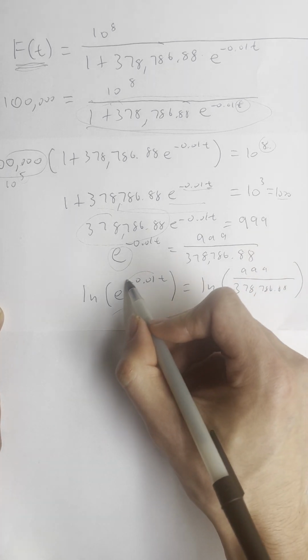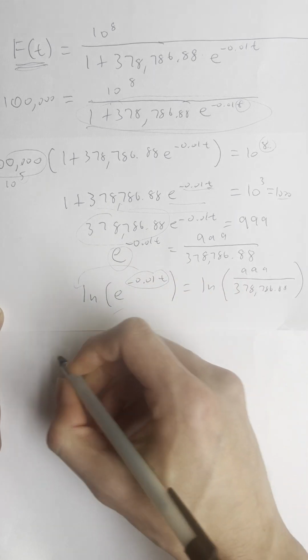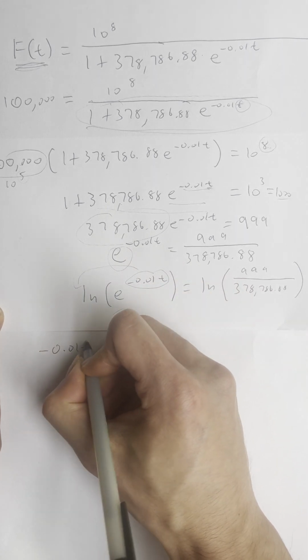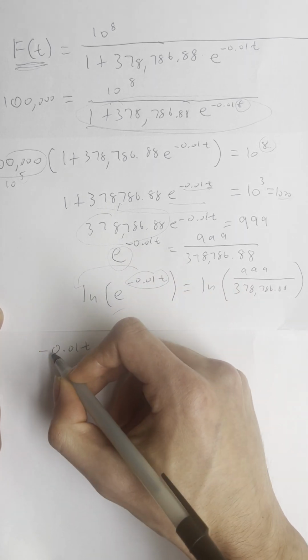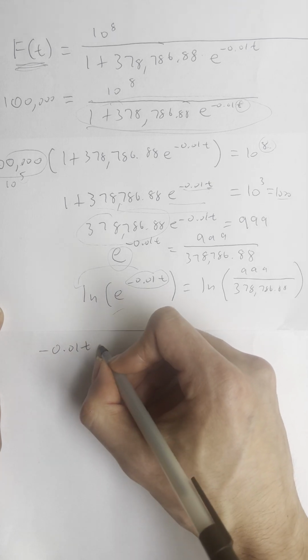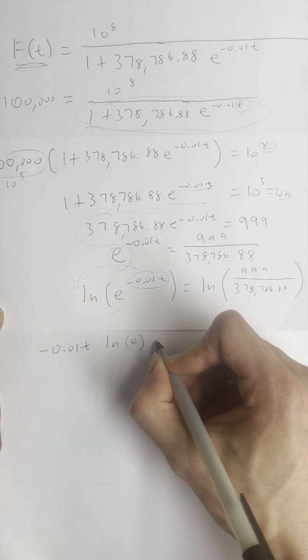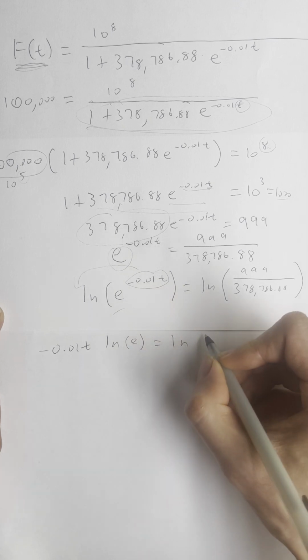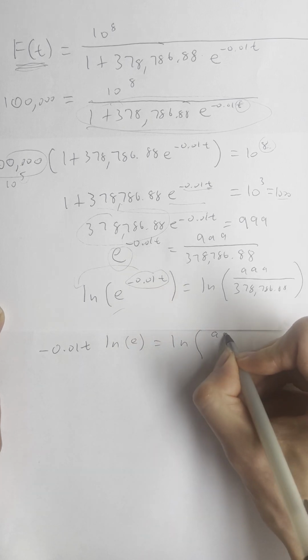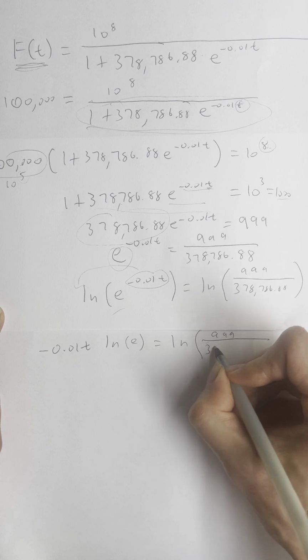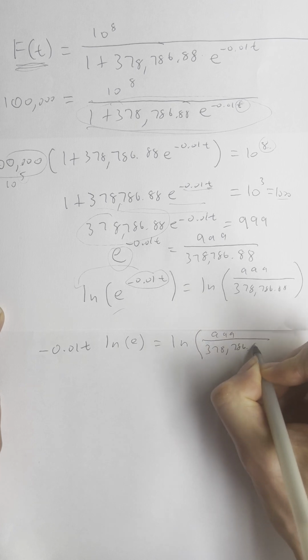So that means I can move this over here. So negative 0.01t times natural log of e is equal to natural log of 999 over 378,786.88.